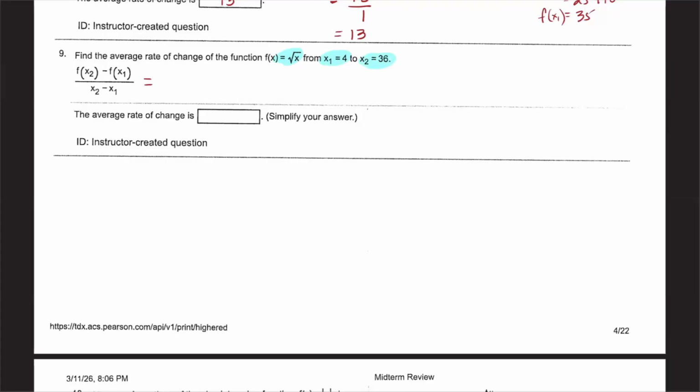So what we need to find is f of x sub 2, because that's what's first in the formula. That means f of 36. But what is the function? Well, it's the square root. So we need to take the square root of 36 to get a 6. That's it. So f of x2 is 6.